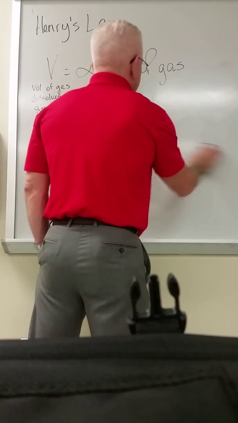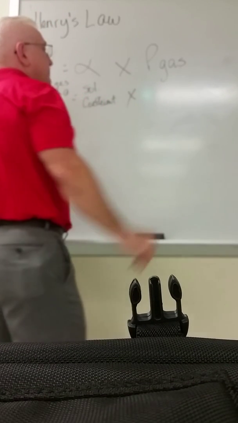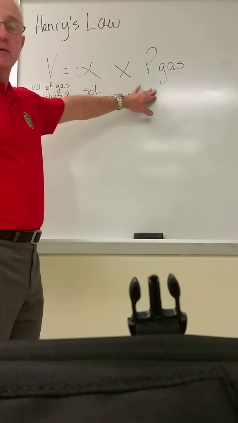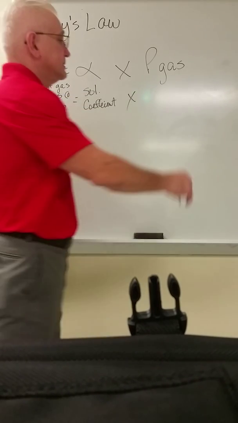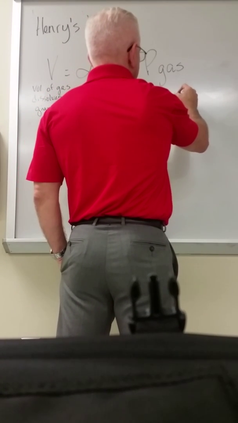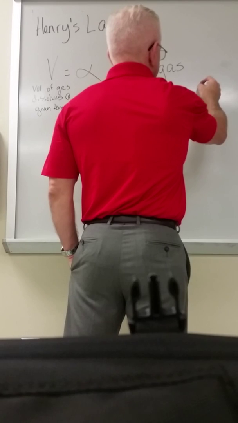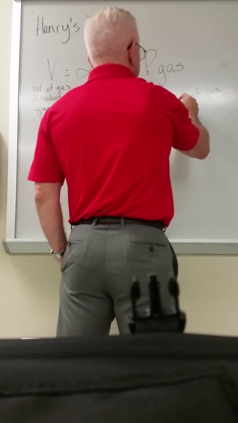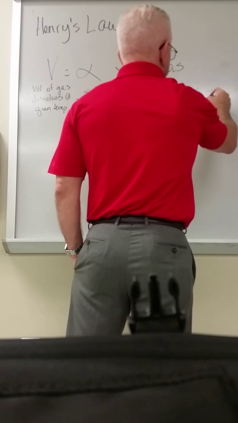Then we multiply that by the pressure of the gas that's above the liquid. So this is the partial pressure of the gas above the liquid.